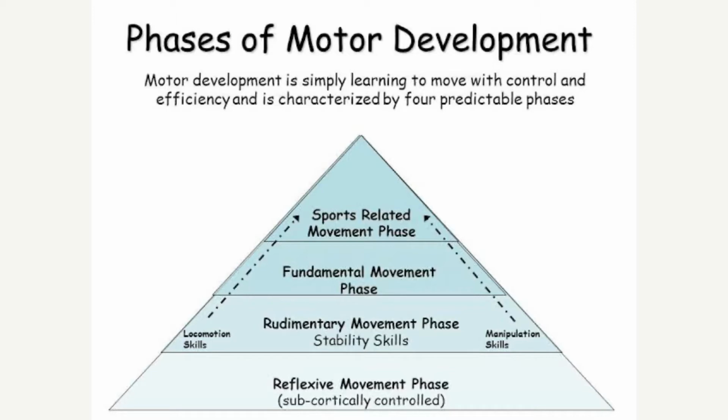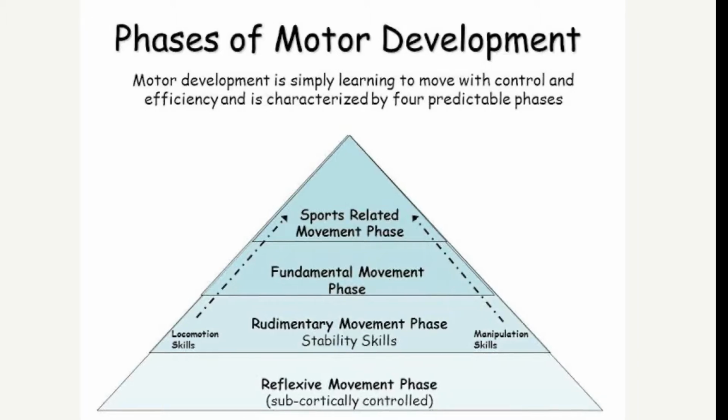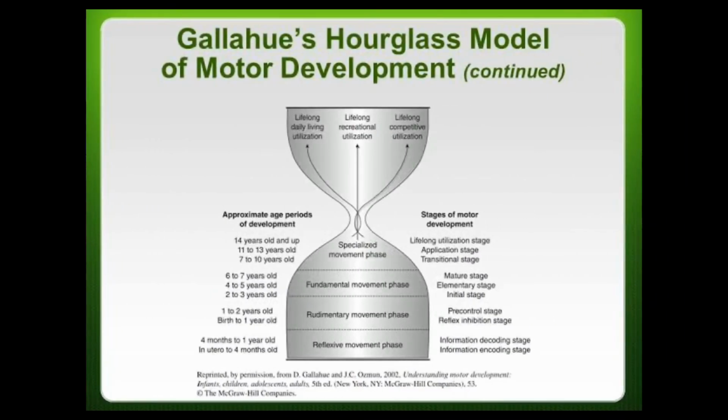So we all know that there are 4 movement phases, and we start with reflexive to rudimentary, and then we acquire the fundamental movement phase, and then we are ready to apply the skills in sports-related movement phase. Gallagher's hourglass model of motor development better facilitates the discussion on motor development because it gives us the approximate age periods by which each phase is expected to happen.